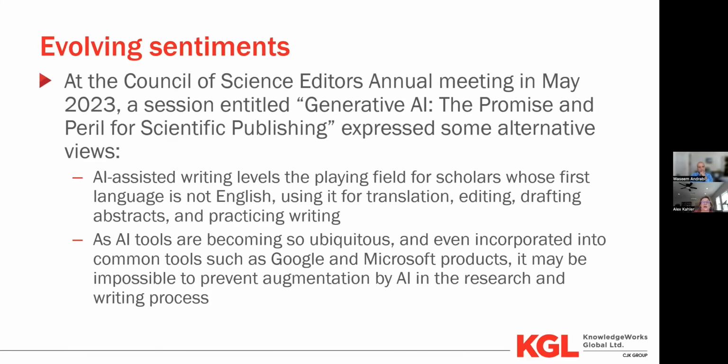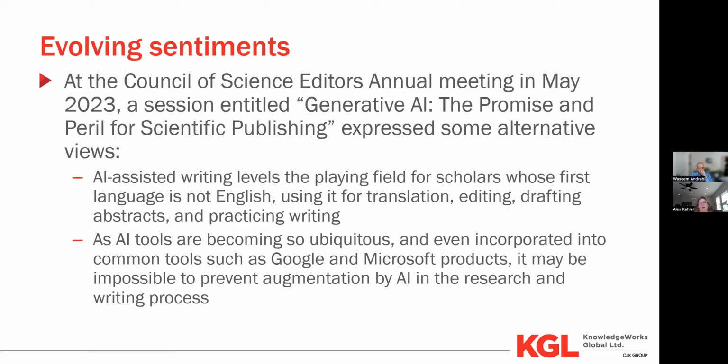So with that said, there also have been some evolving sentiments, I guess you could say, regarding the use of generative AI. At the Council of Science Editors annual meeting in May of this year, there was a session titled Generative AI, the Promise and Peril for Scientific Publishing.